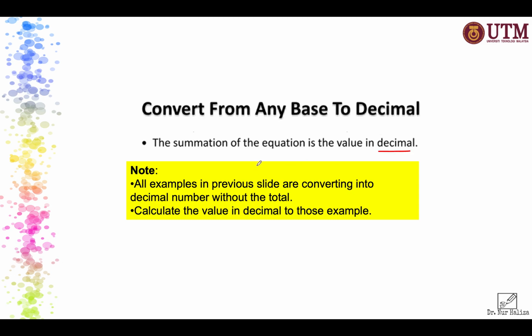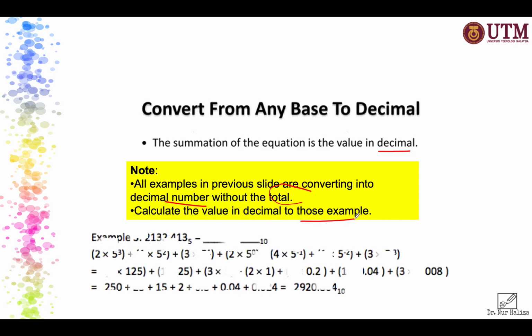Please take note that all examples in the previous slide are converted into decimal numbers without a total, so you can calculate it on your own. Calculate the value in decimal for those examples given here. This one you will get the answer, but the previous ones you need to calculate or add up by yourself.